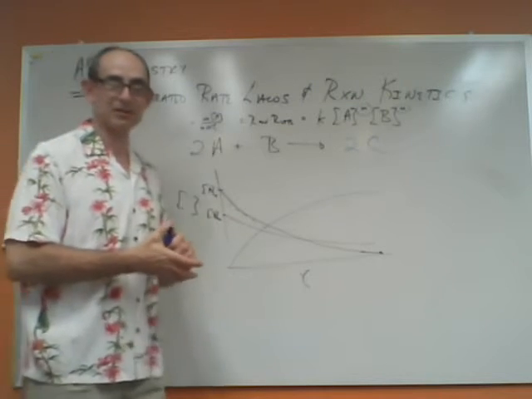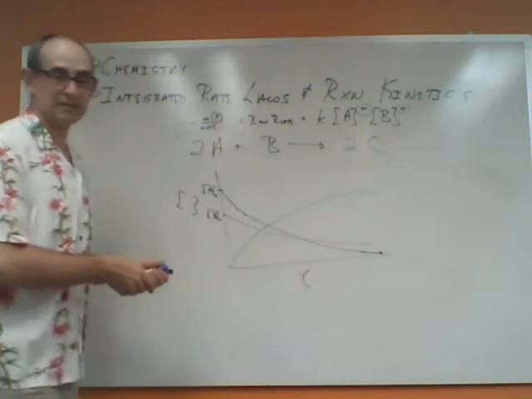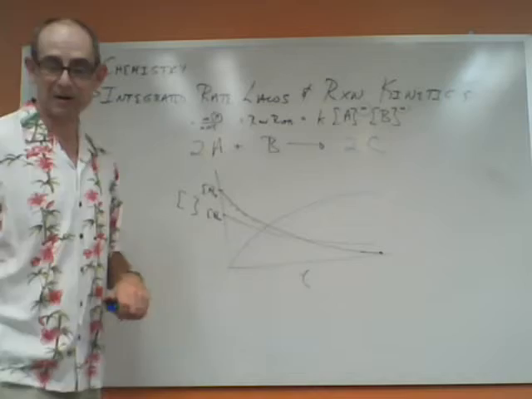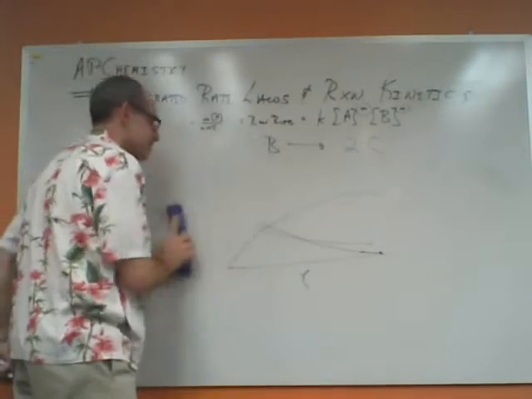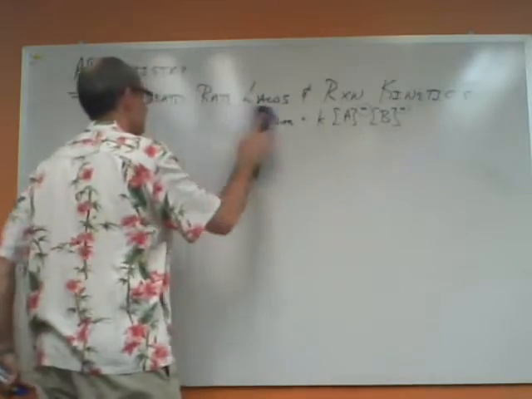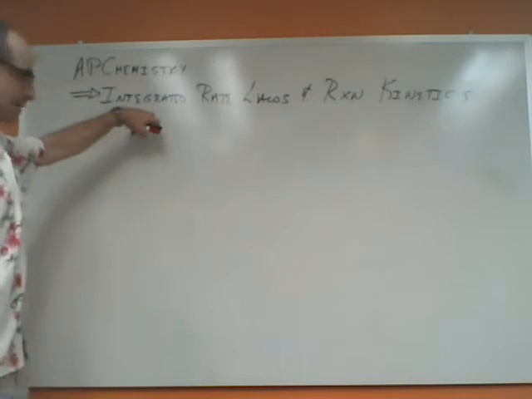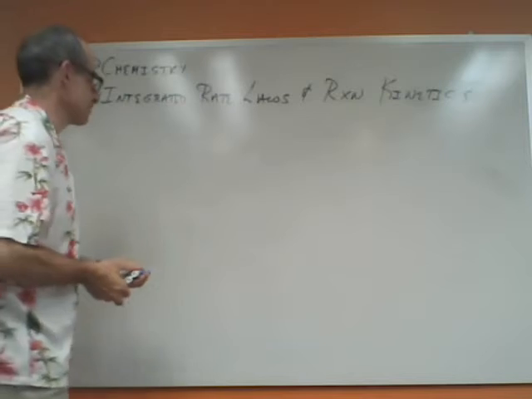You can do it with a good computer or even a not so good computer nowadays, but they're challenging to get mathematical expressions for. There is a case in which they're much simpler, however, and that's when we have a decomposition reaction. So that's really what the integrated rate law concept of AP chemistry deals with.